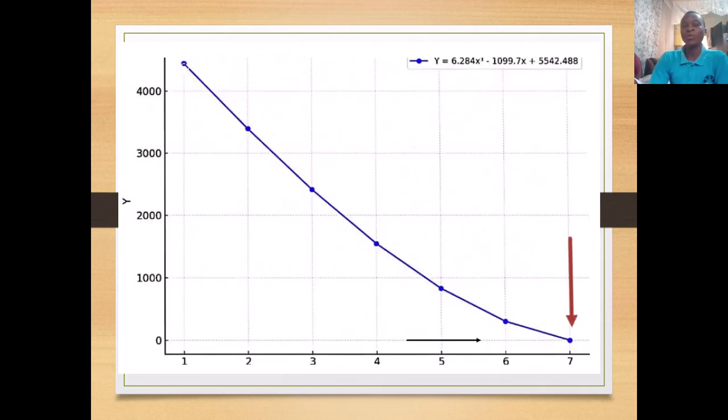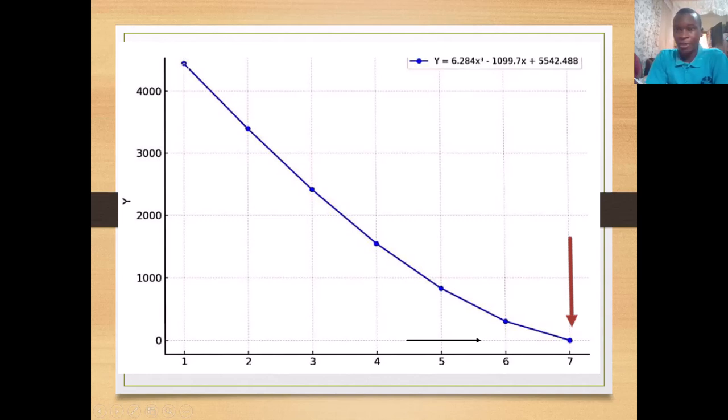Now into the graph. This is the graph. As you can see, the function is 0 when x is 7. At this point my function was y equals 6.284 x cubed minus 1099.7 x plus 5.